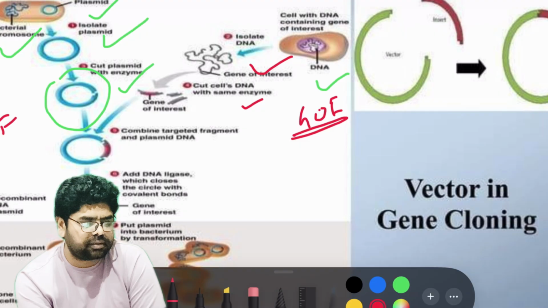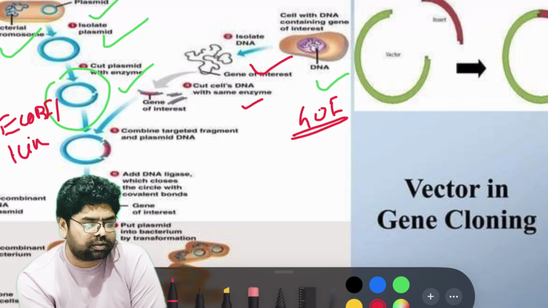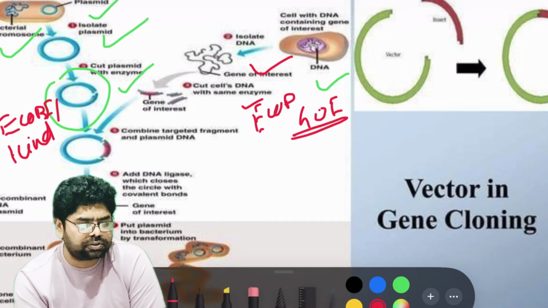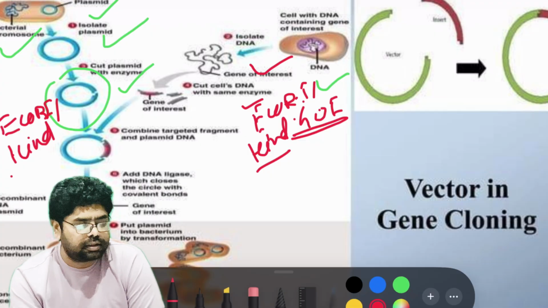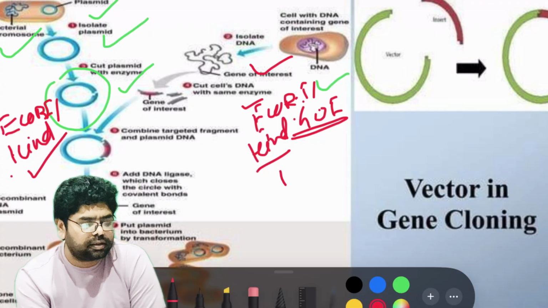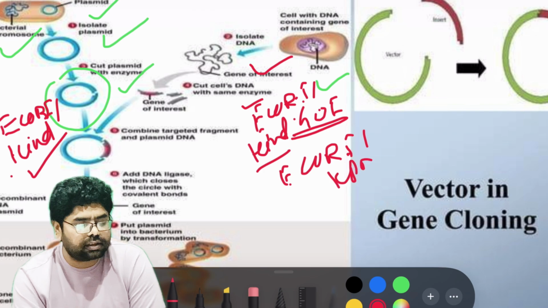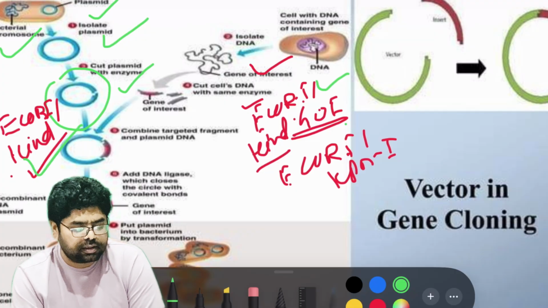Suppose you cut the vector with the enzymes EcoRI and HindIII. Here also you will use EcoRI and HindIII. You cannot use EcoRI and KpnI here. This is a very important concept.